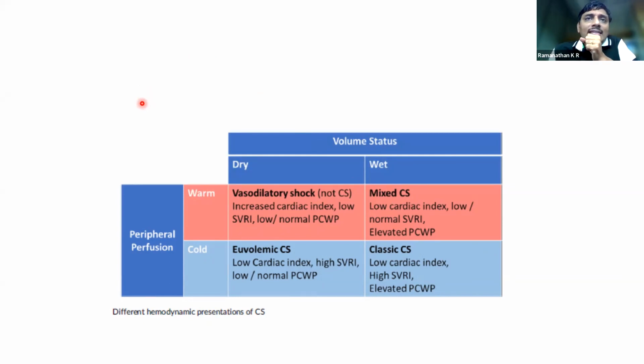However, you need to understand that there can be instances where patients can have varying presentations. They can have mixed shock states. So a patient with cardiogenic shock may have a side-by-side infection. Hence, they may have a mixed cardiogenic and septic shock. So it's not uncommon to see this in clinical practice.